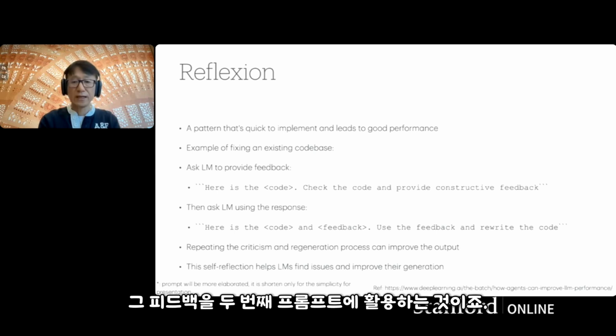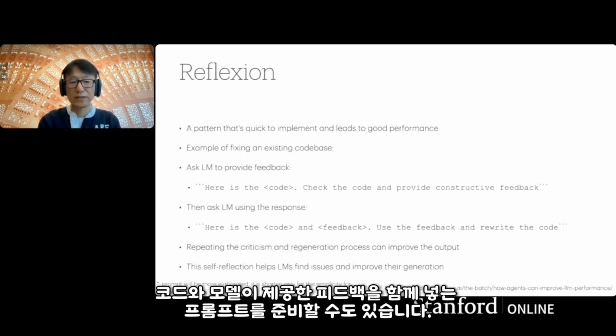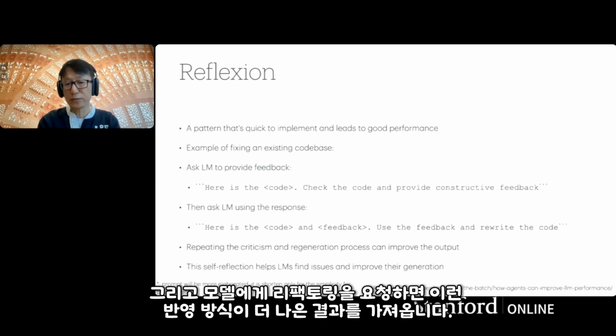And then take the feedback to the second prompt. You could also prepare a prompt saying here's the code and the feedback, which came from the model itself, and then ask the model to refactor it. This way of reflection will likely generate better output or a better fix for the code that you are asking the model about.